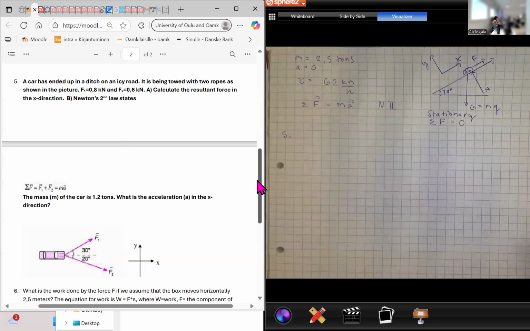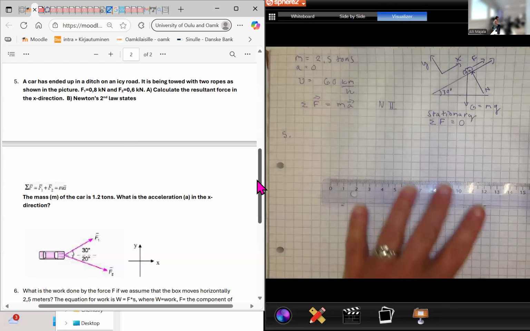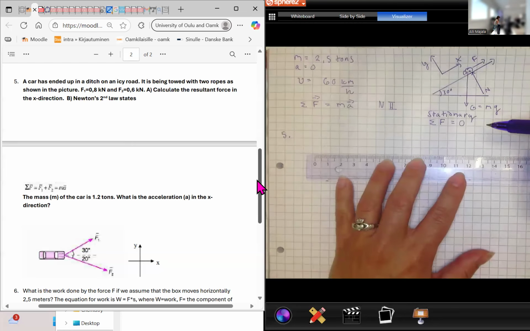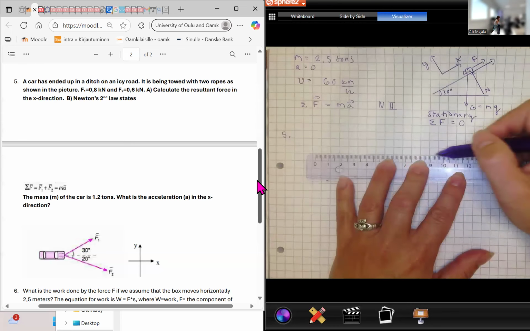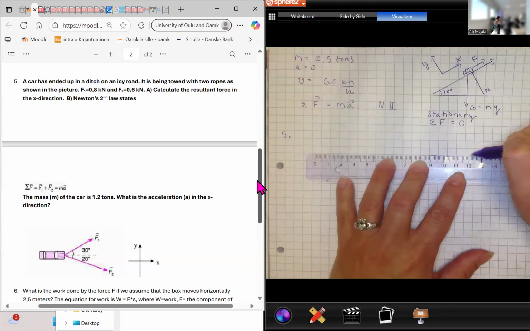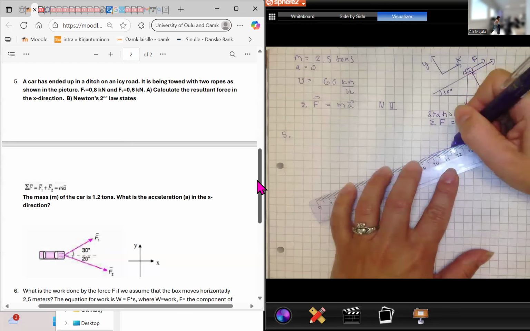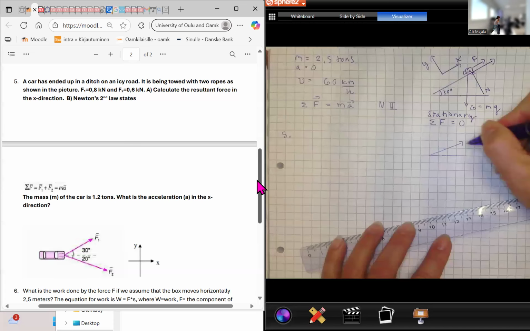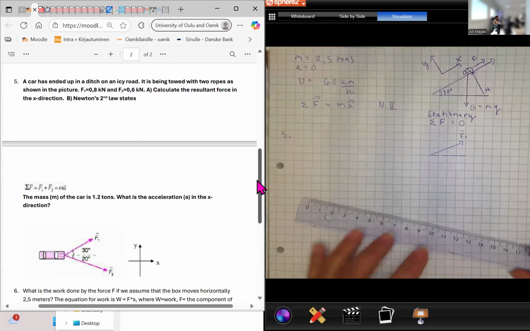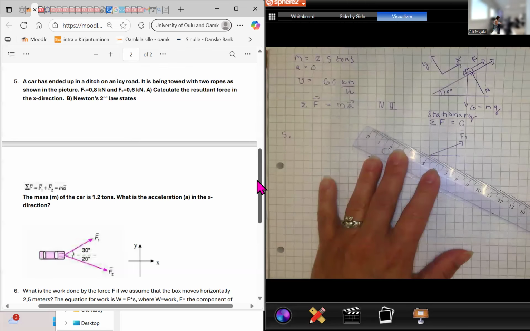So you have the car. Oh, how to draw a car like that. Yes. Did you ever end up somewhere stuck when it was icy?